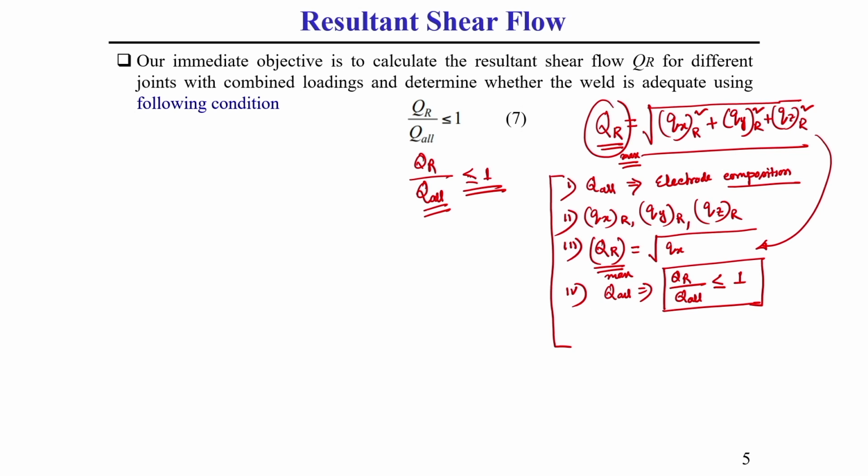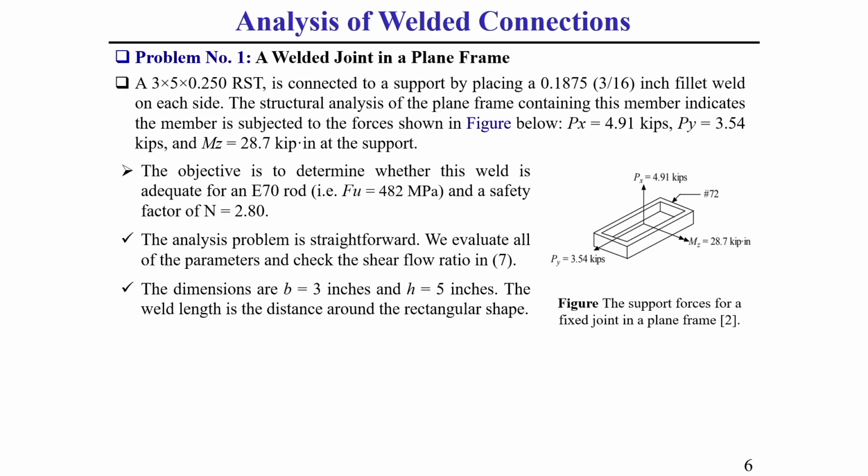Now, we will solve one problem, then it will be very clear to you. Let us consider this problem, which is a welded joint in a plane frame. I am just reading the problem statement.